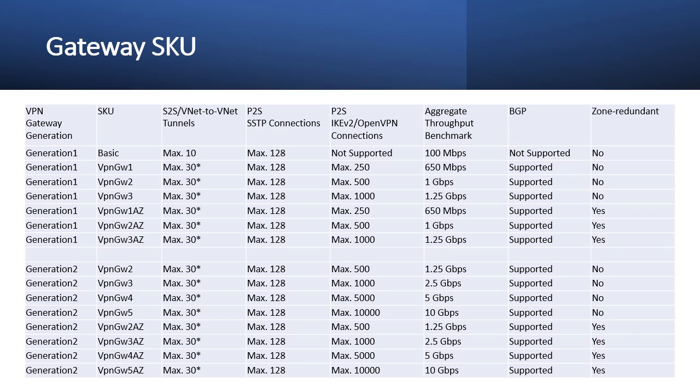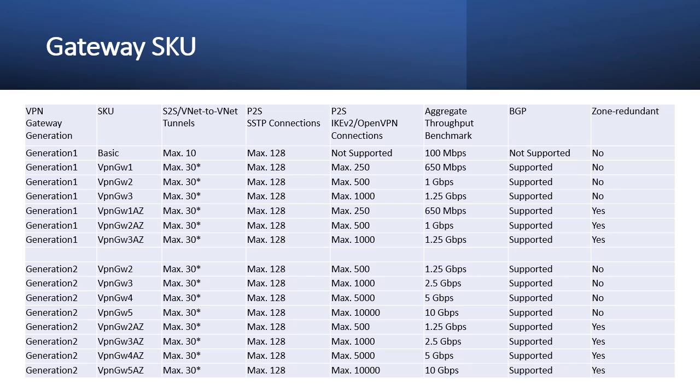If you need better availability, you can choose this SKU, but if you need more speed, then you should use VPN GW3 AZ, where you have a maximum of up to 1000 connections for P2S, and S2S 30. Almost all, except Basic, have at least 30. So based upon this table, you select which SKU you are going to use. And if you want to use more than 30, then you have to create a virtual WAN.